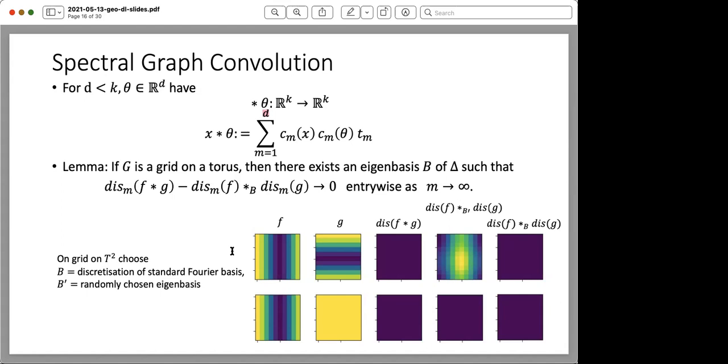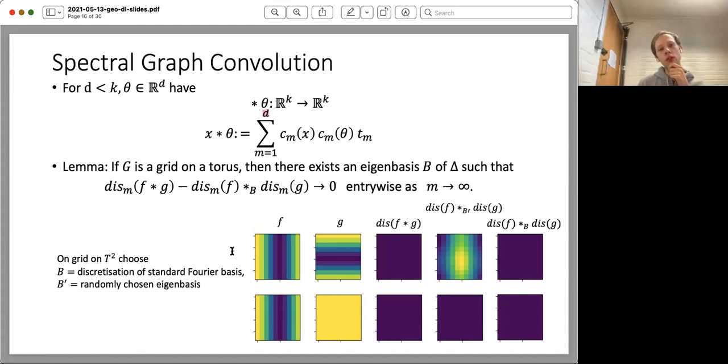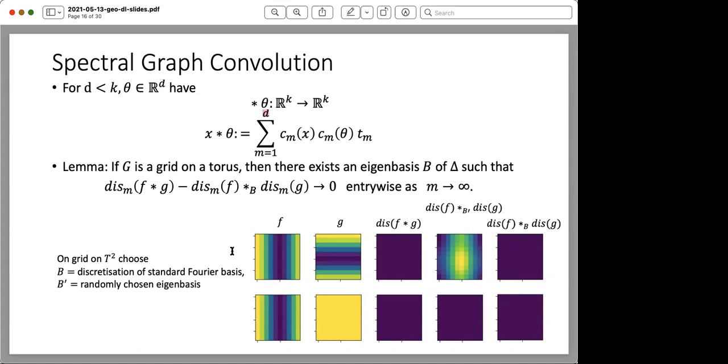That's a good question. No, it only works for d equals k, which is a bit stupid because I just said d less than k, but yeah, good point. You could probably choose something like k minus 1, but it should grow like k, I guess, and not be fixed.